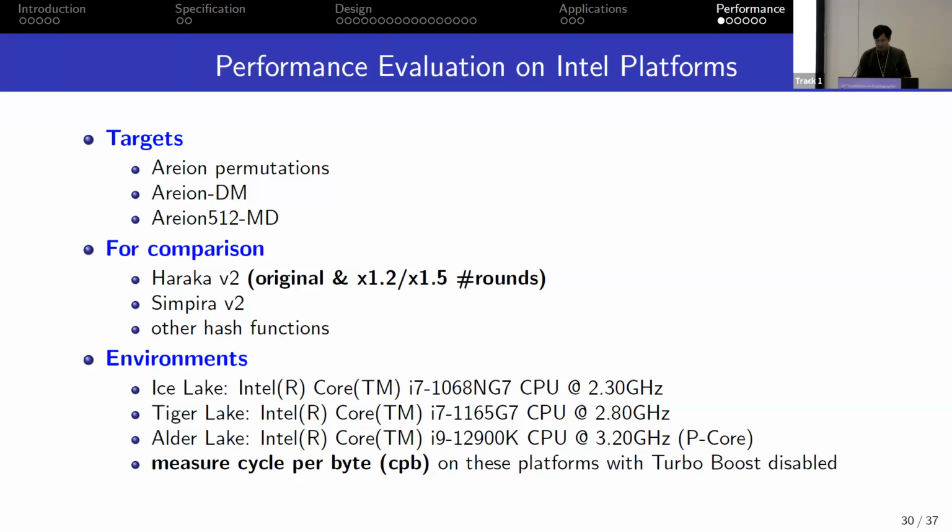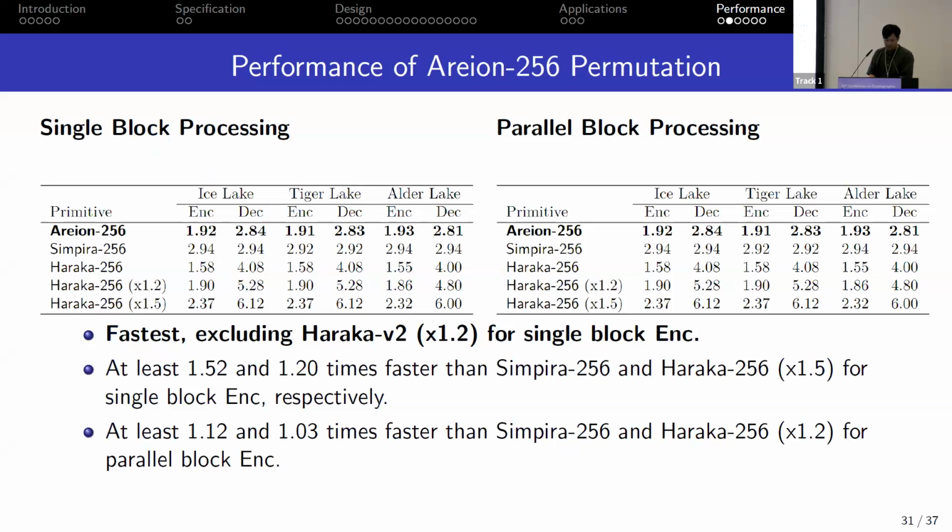We measure the cycles per byte on these platforms, from 10th generation to 12th generation Intel platforms, with Turbo Boost disabled. And this is the performance of the Arayon 256 permutation. We found that Arayon 256 is the fastest, excluding Haraka with the round number multiplied by 1.2 for single block encryption.